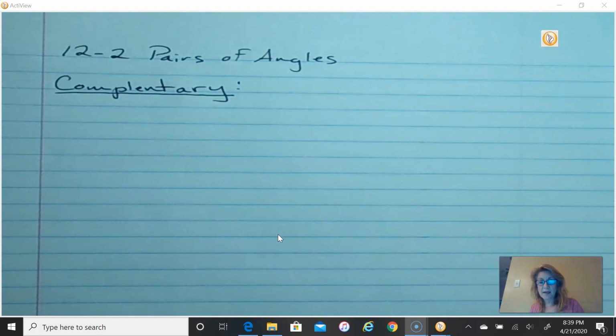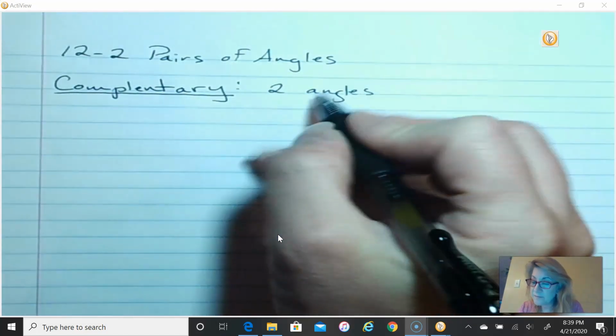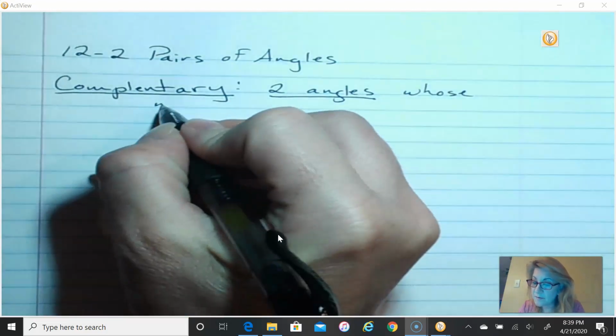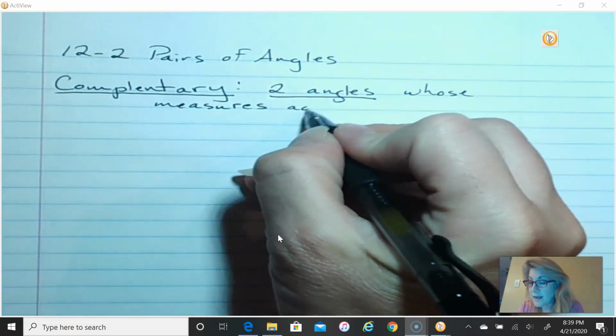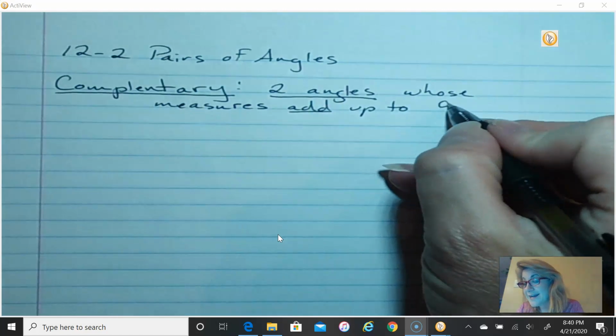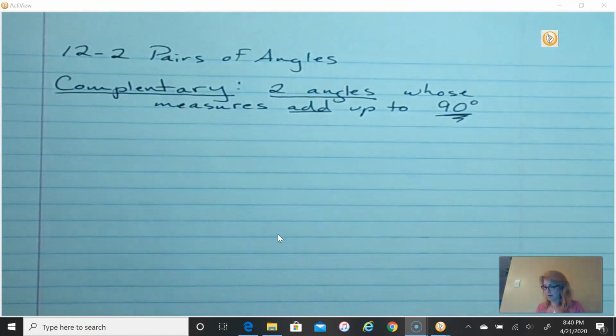It's two angles that when added, what is their degree when you add them up? Two angles whose measures, y'all remember? Add up to 90 degrees. So if you guessed 90, then you are correct.